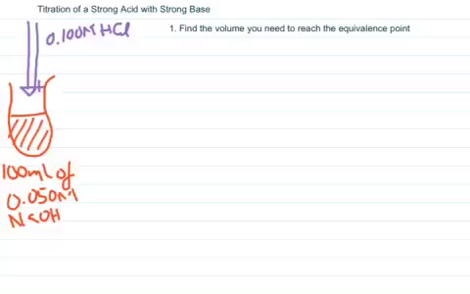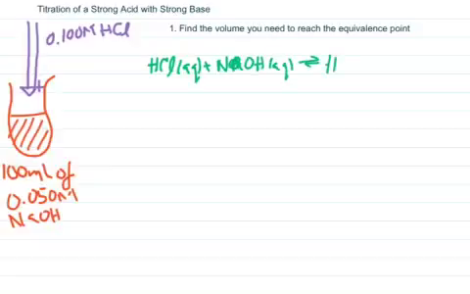To do that, I need to find the balanced equation. I'm going to take my hydrochloric acid, an aqueous solution, plus sodium hydroxide, an aqueous solution, and when I combine them, I'm going to form water plus sodium chloride in aqueous solution.